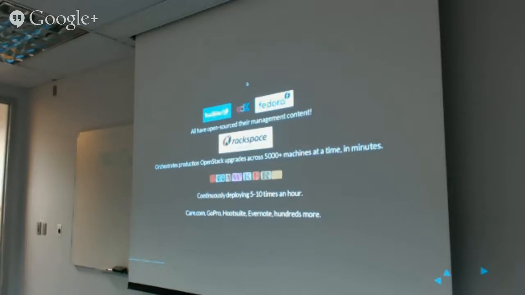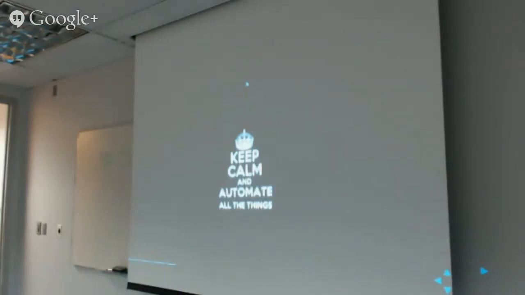Docker Media are big users of us. That's where Ansible Fest was, I believe, in their building in New York. They integrate with us through Jenkins to do continuous integration and continuous deployment many, many times an hour. And then just a few others. You can go to our website and see how many people are out there using Ansible, but it is quite a few.